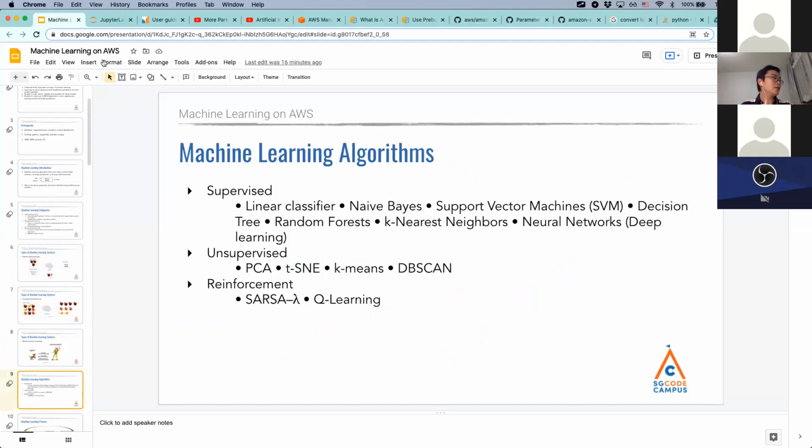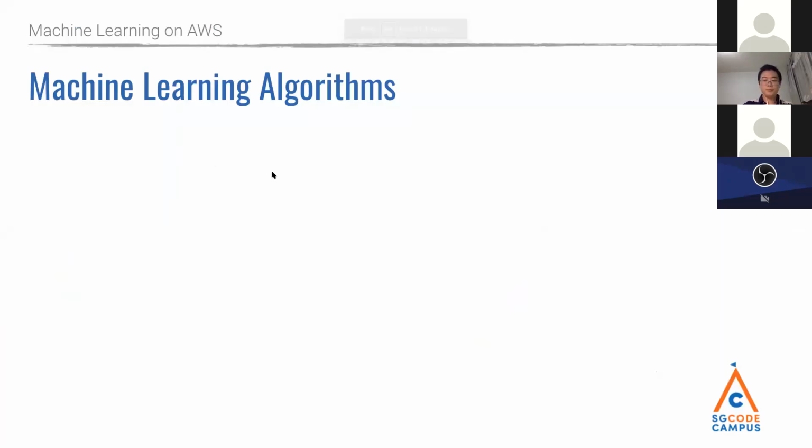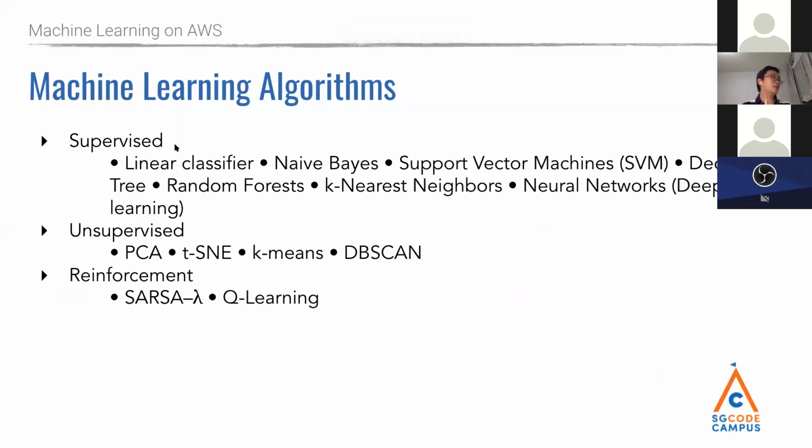And here are some very well-known models for different categories of machine learning. Say for supervised learning, we have linear classifier, naive Bayesian model, support vector machine, decision trees, random forest, and also neural networks.